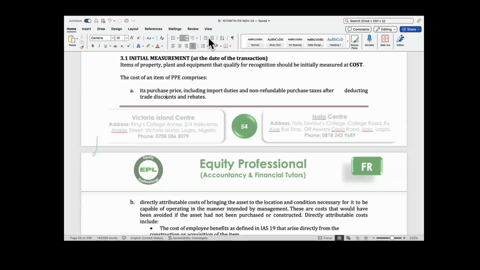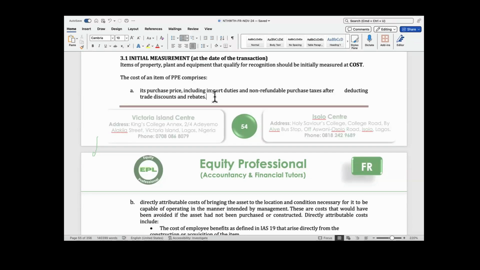I will give you a certain amount of discount. You see, that type of discount, you are not sure whether you will get it or not. So the cost price of an item, for example, is 100 naira. And your supplier, the person you bought it from, says that if you pay on time, you will not pay 100 naira. You will pay 90 naira.